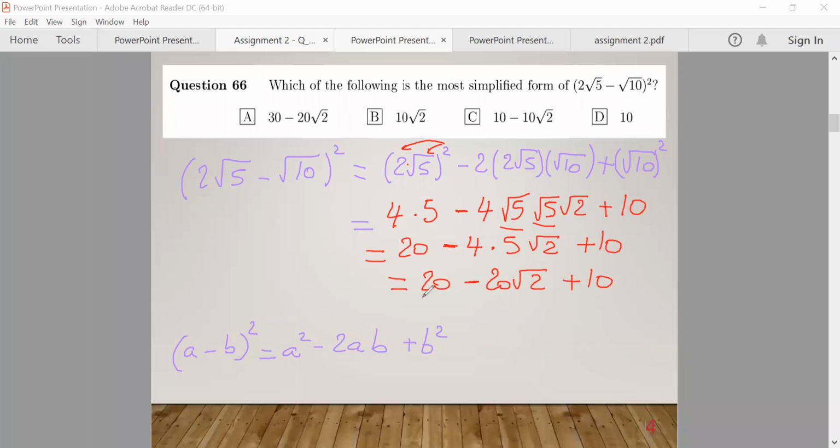Be careful here. We cannot subtract these two because we have multiplication, so this cannot be done. We combine like terms, the integers 20 and 10, giving 30 minus 20 square root 2, and we cannot simplify more.